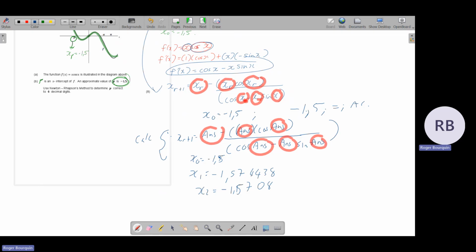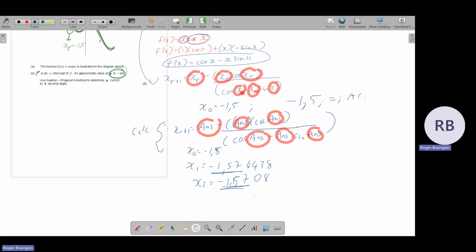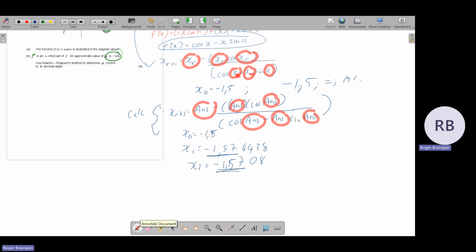Right, so up to here we've got it correct to 2 decimal digits, so I don't have to write down more than that.